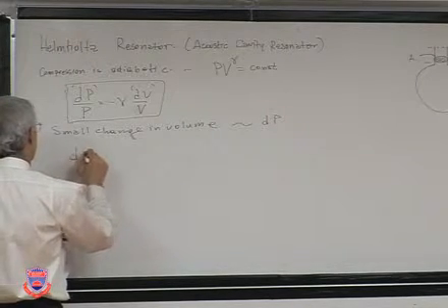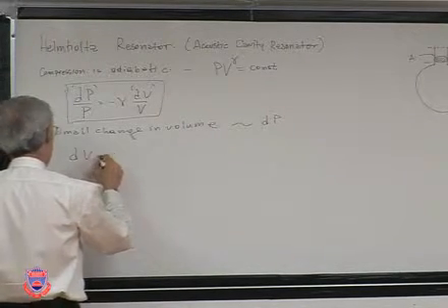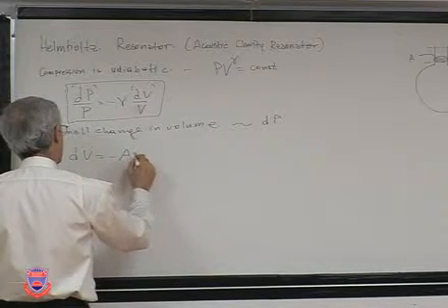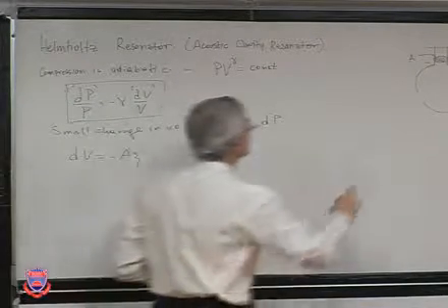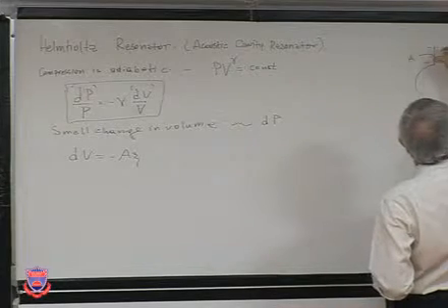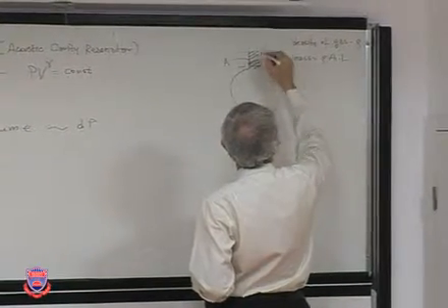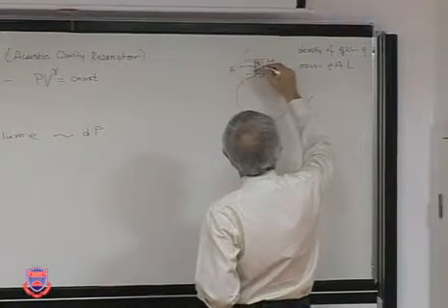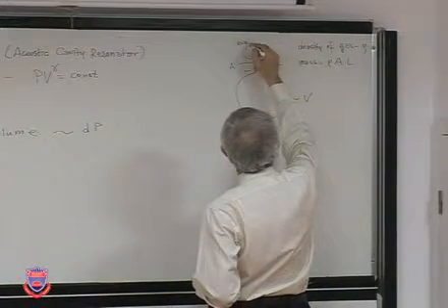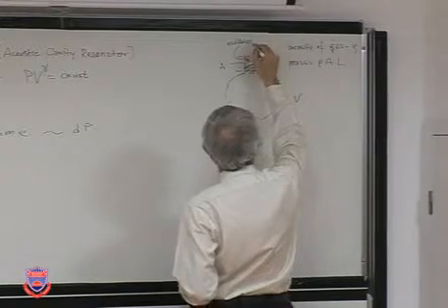So for a small oscillation, then the volume change can be written as, okay, this is the oscillation. Oscillations.